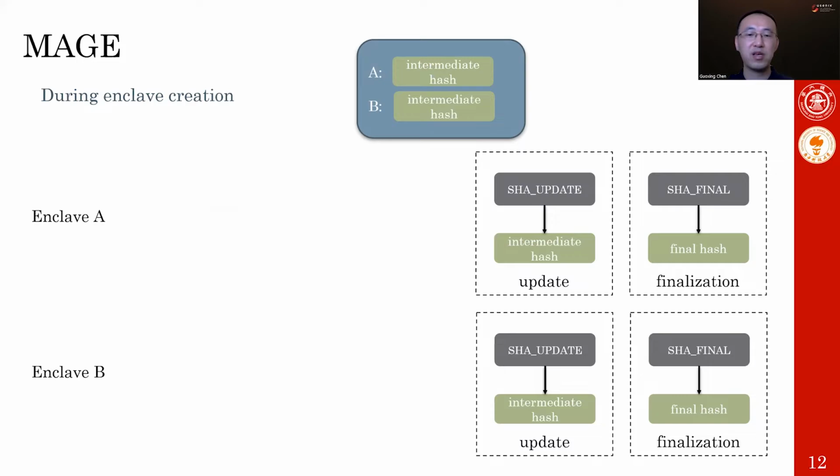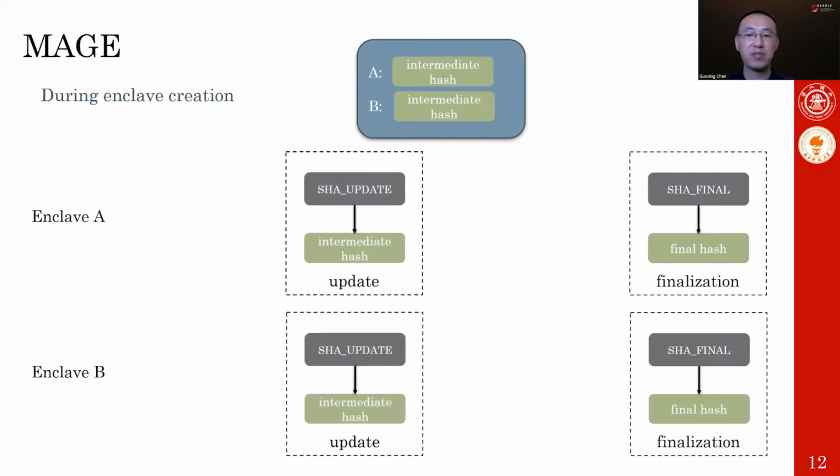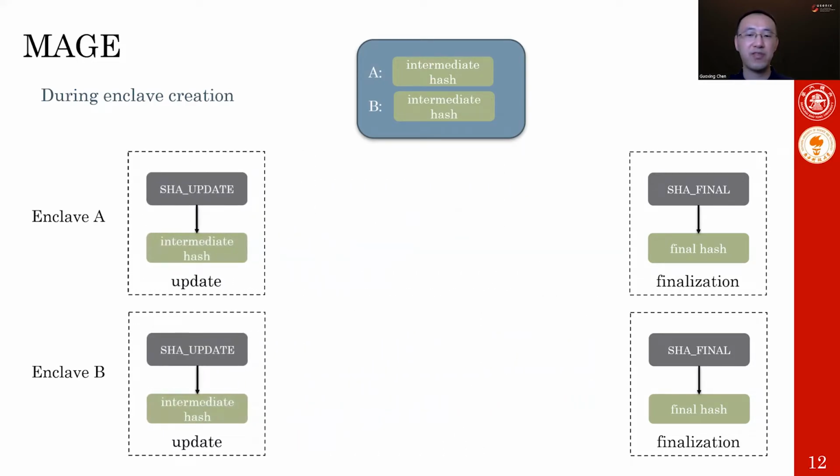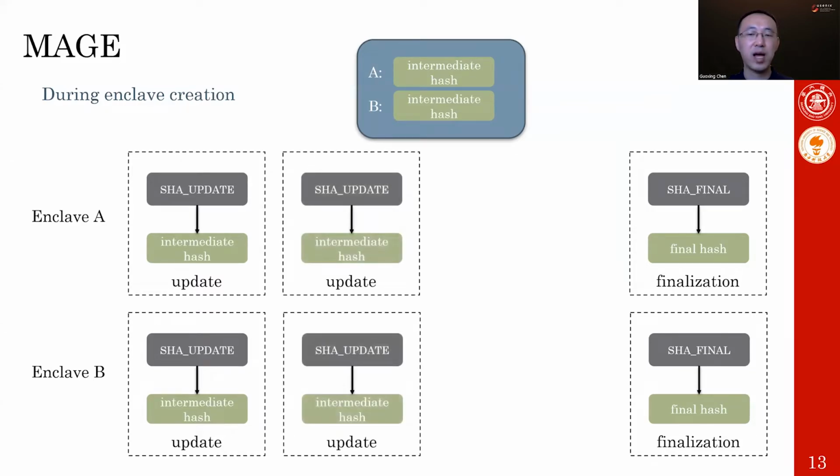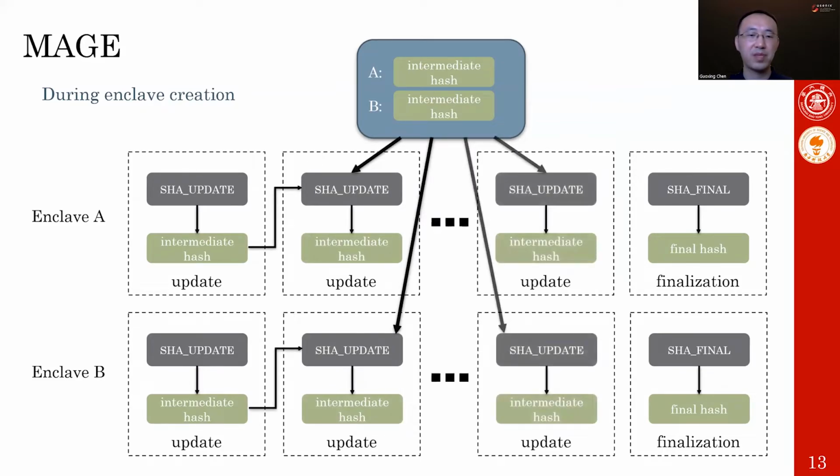Due to this common part, the enclave's measurements will be changed as follows. During enclave creation, the measurement calculation before this common part remains the same, and it will continue to update with the content of the common part and then finalize the measurement.